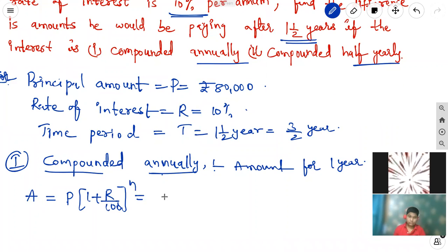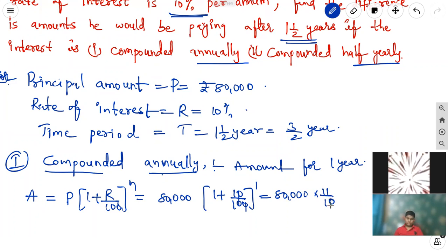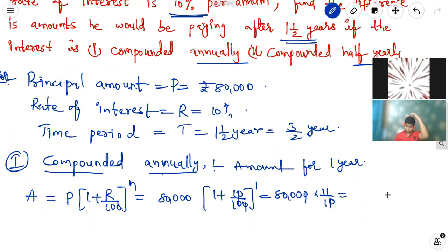That is principal amount is 80,000 rupees. 1 plus rate of interest is 10/100 whole power n equal to what year? 0, 0 cancel. It is equal to 80,000 into 10 plus 1, 11/10. 0, 0 cancel. Here 11, how many zeros? 3 zeros. 11 8s are 88. For 1 year, the amount is 88,000.